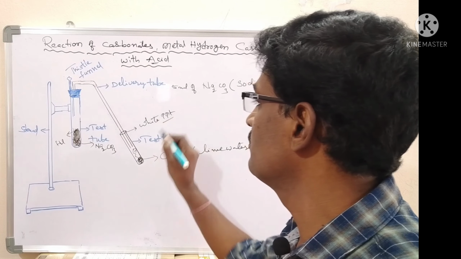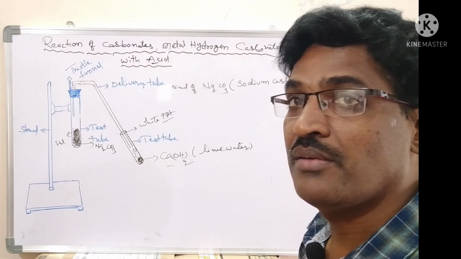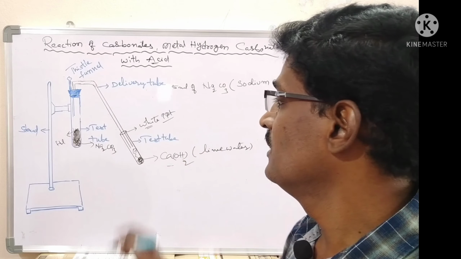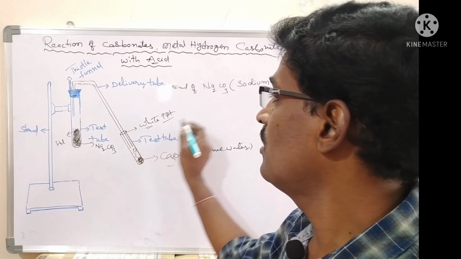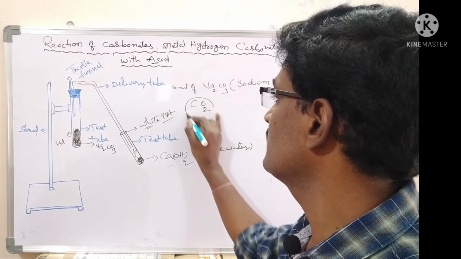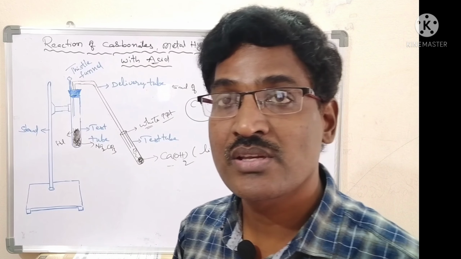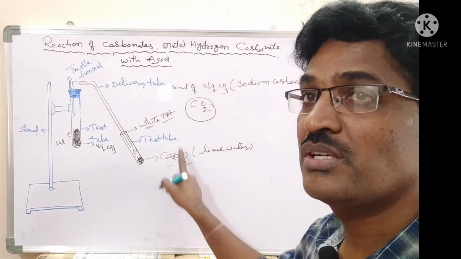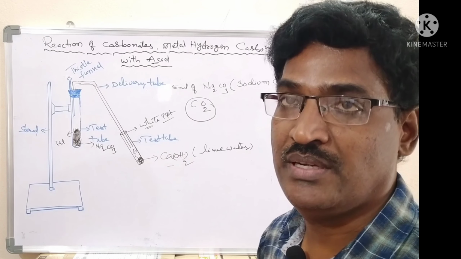PPT means white precipitate. When a white precipitate is formed, you can say carbon dioxide is present. When carbon dioxide reacts with calcium hydroxide, it gives a white precipitate.